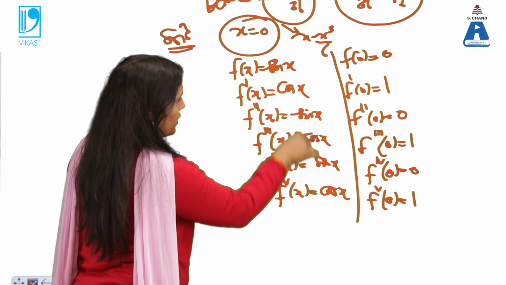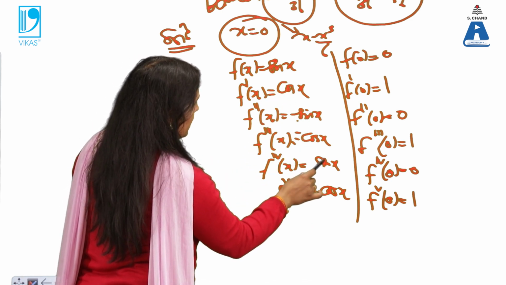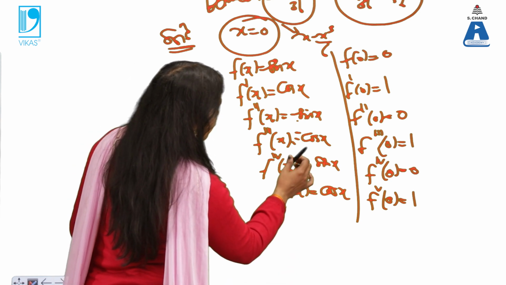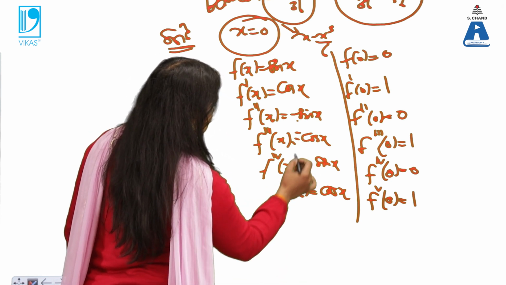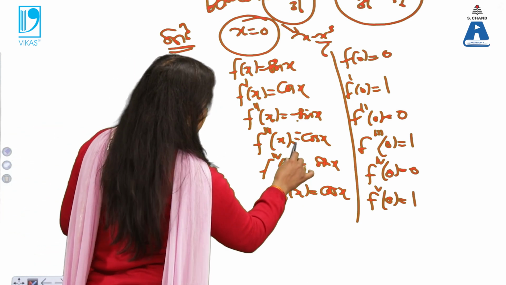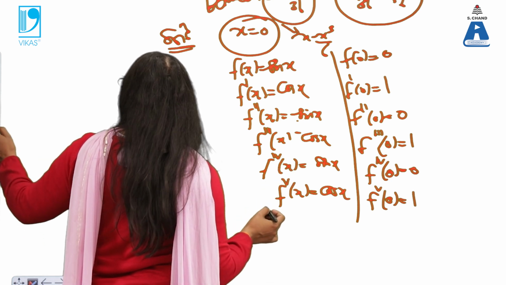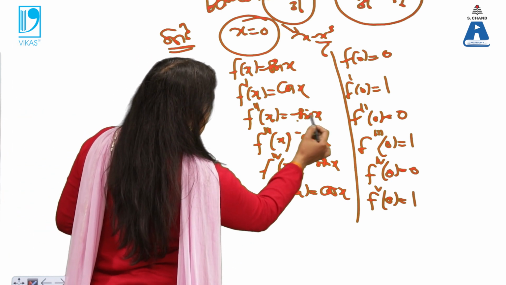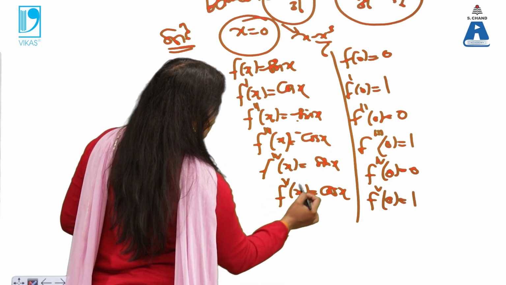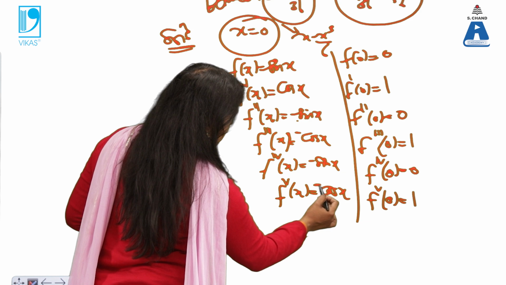Here in derivative we are getting the negative sign: minus sin x, then cos x, sin x, then it was minus cos x, I just left this. Anyhow, there will be no problem, but still plus minus sign can make a difference. This is minus sin x, so this was minus cos x, so this is minus sin x and minus cos x.